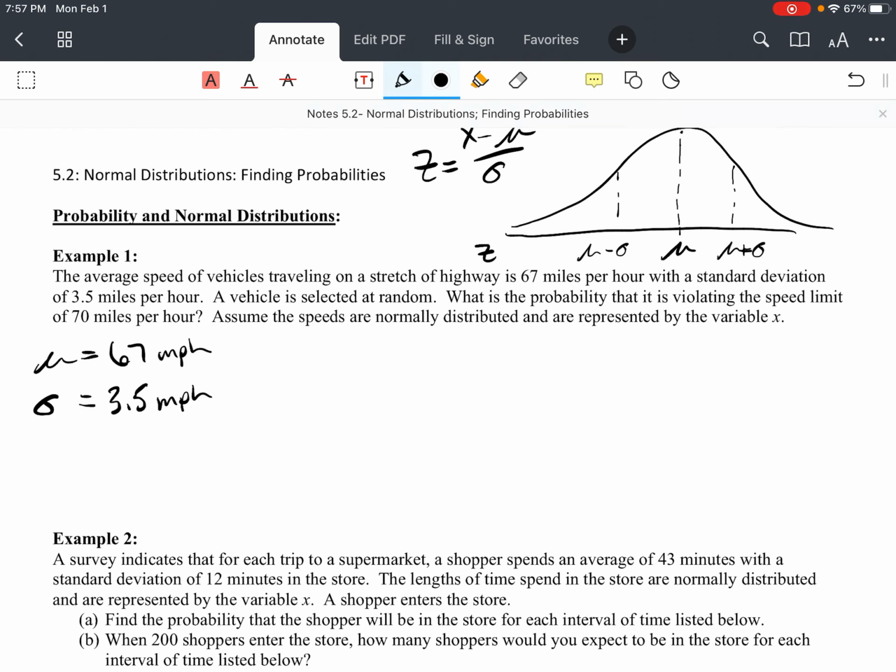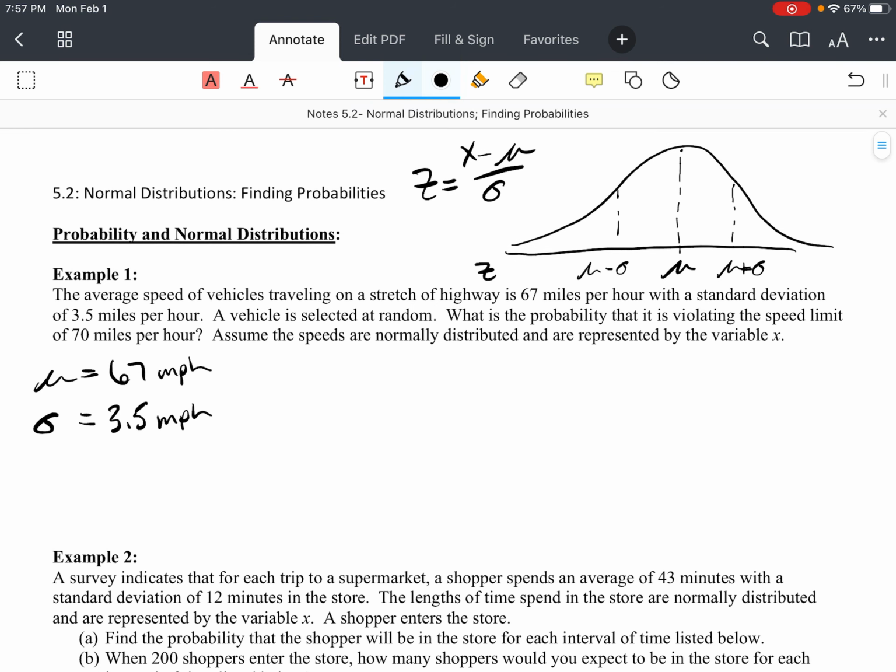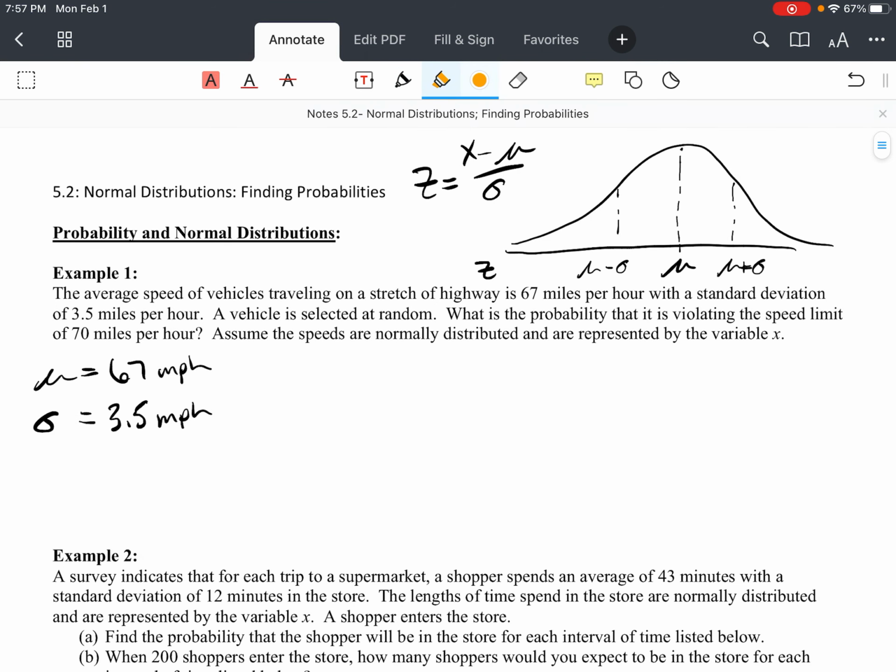We select a random vehicle, and we want to know the probability that the vehicle is violating the speed limit of 70 miles per hour. Assume that speeds are normally distributed and are represented by the variable x. The key words here are normally distributed. That's what tells us that we can use the normal distribution.